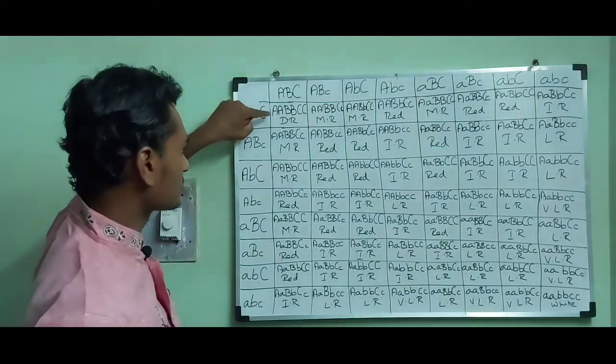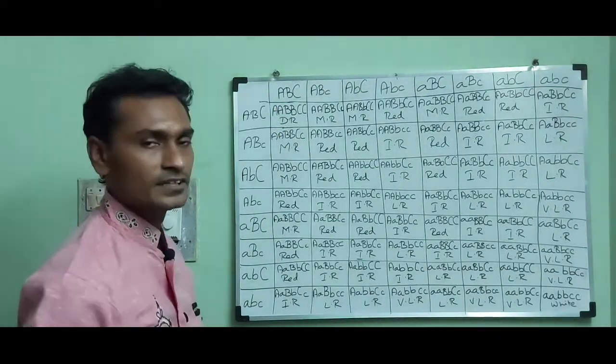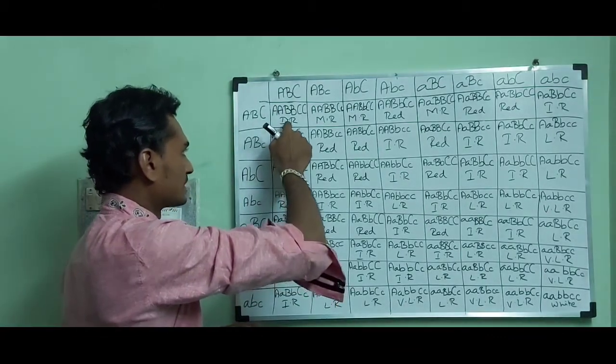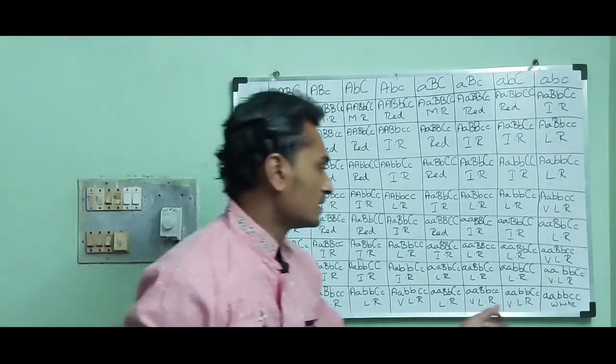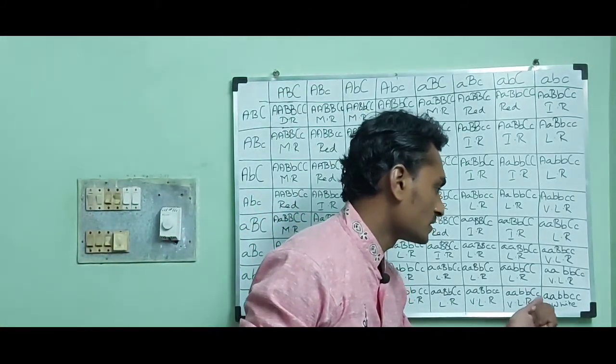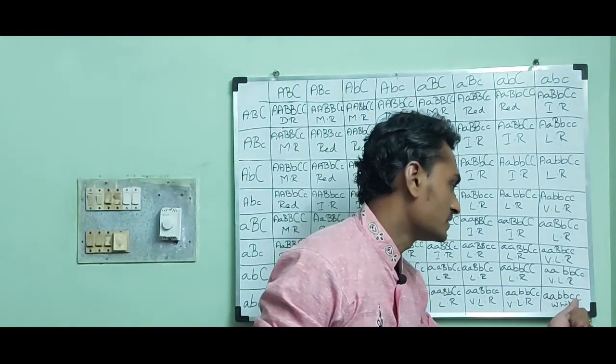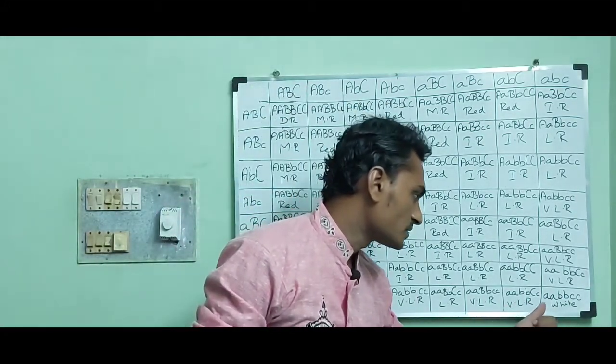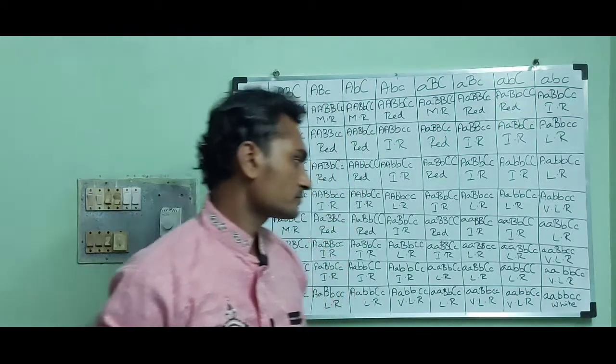In this box, all the alleles are in dominant condition, and it shows the phenotype dark red. Then in this box, all the alleles are in recessive condition, so it shows the phenotypic color white.